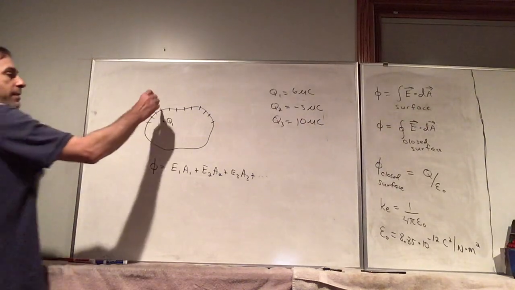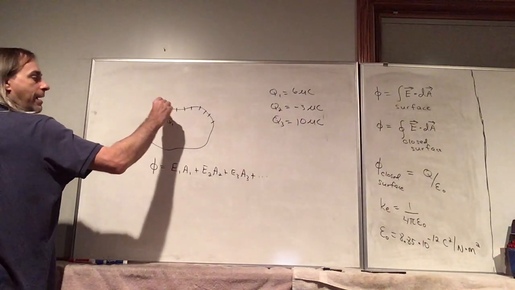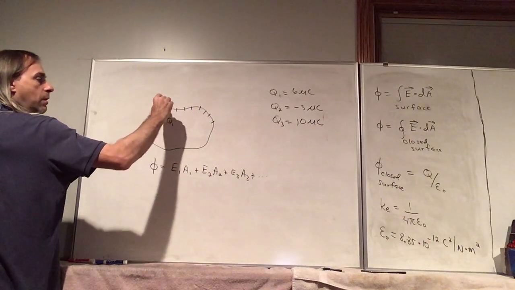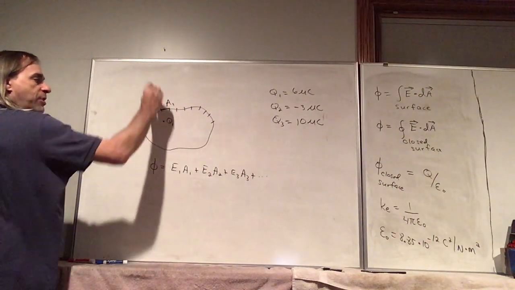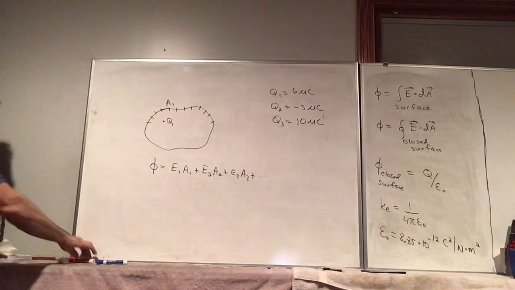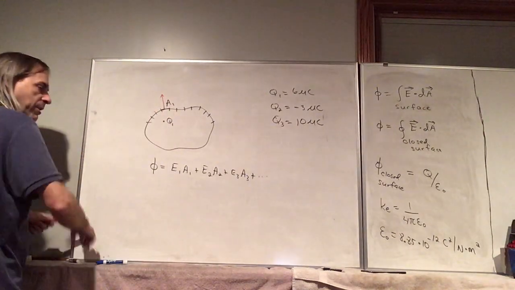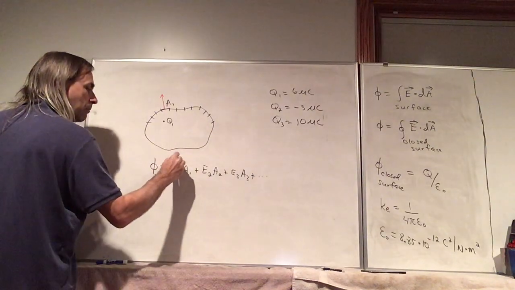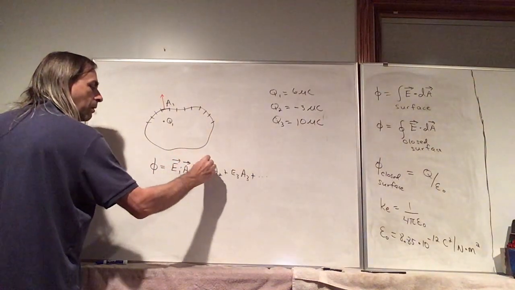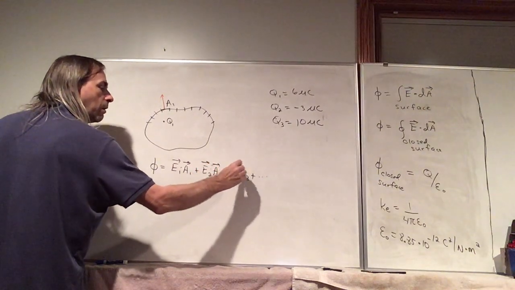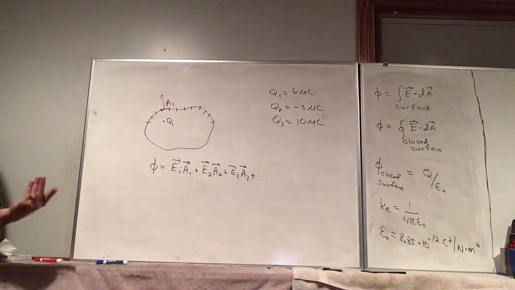So let's say this is area element 1. This one right here is A1. We have a certain electric field there. That would be E1. So actually, these should all be dot products. But yeah, so we do this.